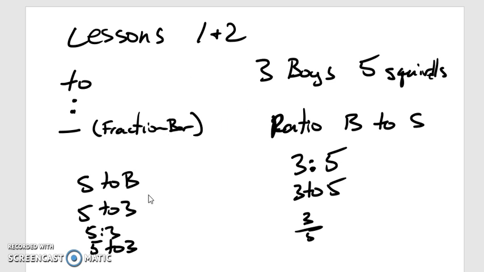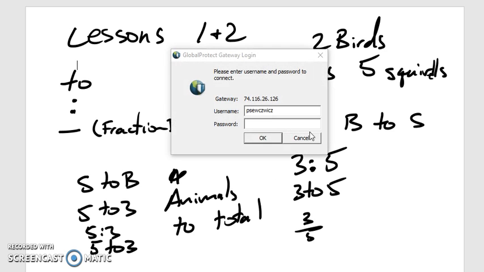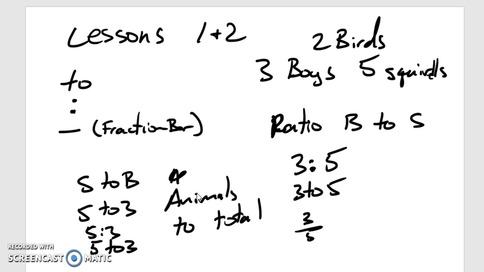So let's say I had three boys, five squirrels, and then let's say we brought in two birds. If I ask what's the ratio of animals to total, you've got to watch what I'm asking. How many of them are animals?